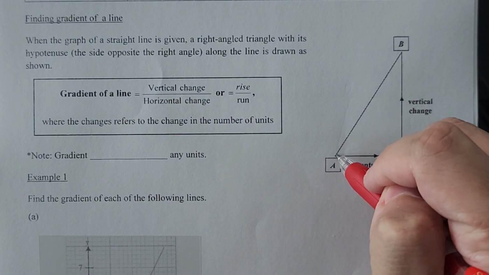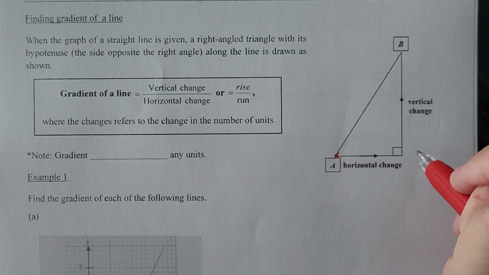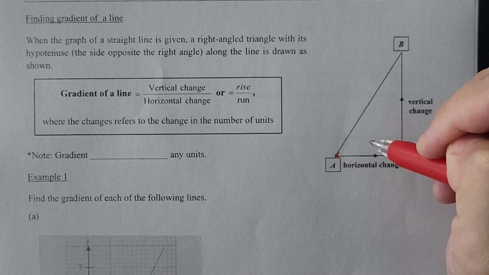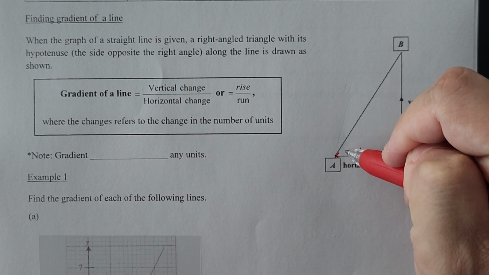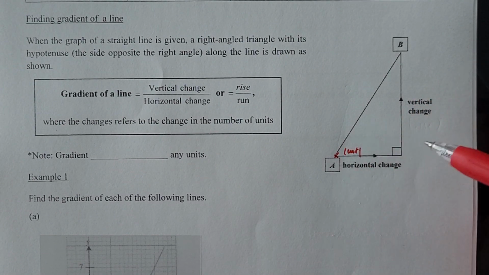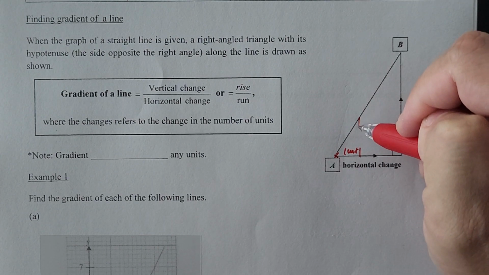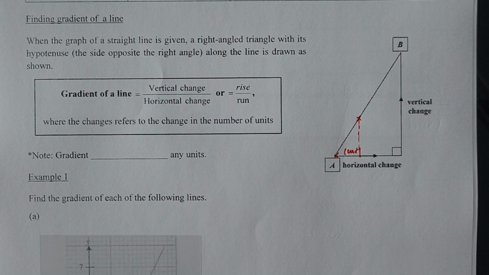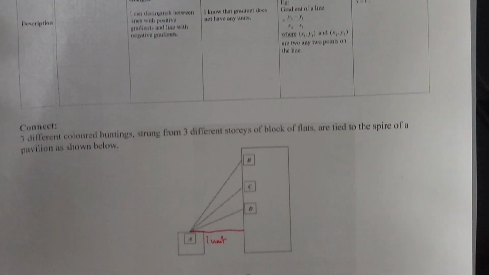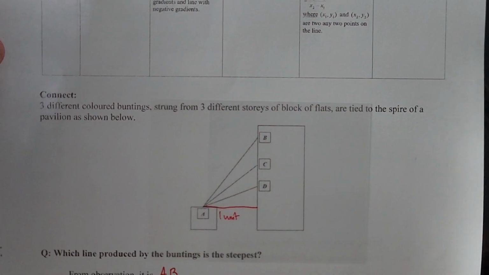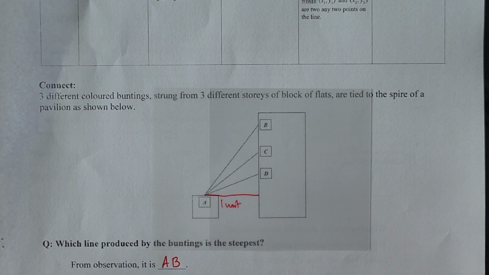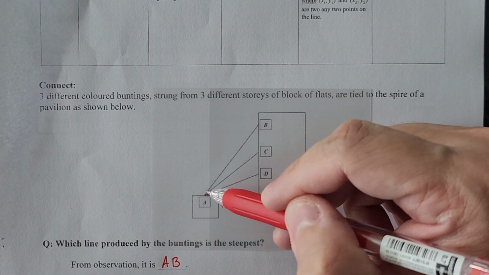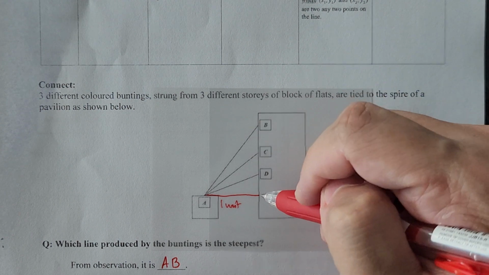Basically at A, if I move by a horizontal distance of 1 unit, what is my change in height? If I go back to page 12 of the notes, these points A, B, C, and D, from point A I move by 1 unit to here.